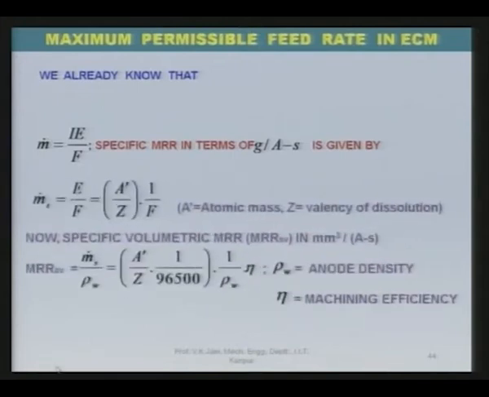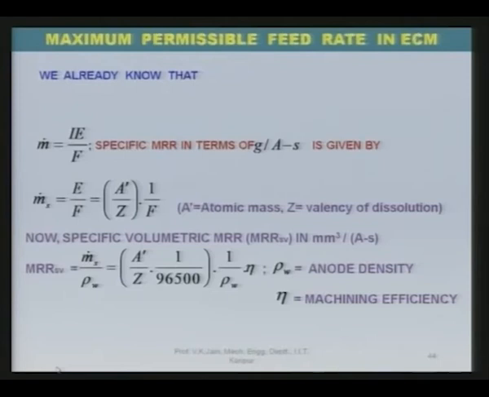S indicates the specific material removal rate, equal to E over F, because I in the numerator and denominator cancel, equal to A dash over Z multiplied by 1 over F. I have already explained in the earlier lecture that A dash is atomic mass, Z is valency of dissolution, A dash divided by Z gives you the chemical equivalent E, and F is the Faraday's constant.